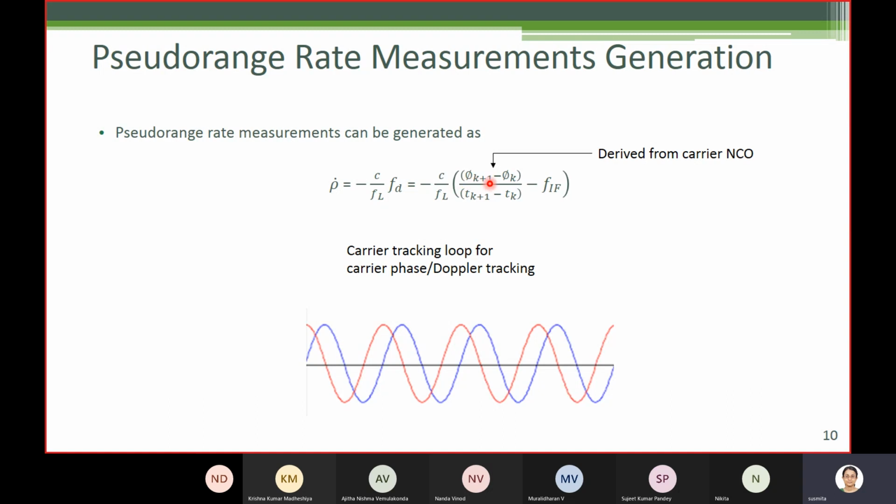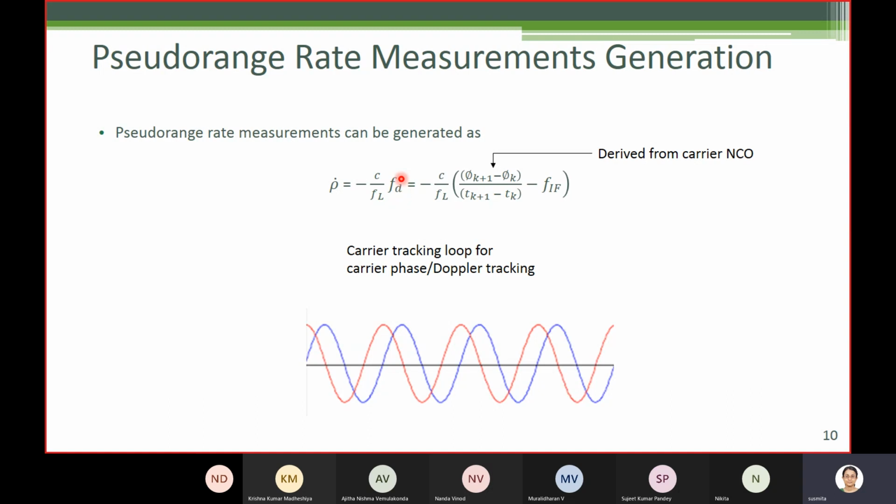So the offset gets cancelled out, and we can find the Doppler. So whether a PLL is locked or an FLL is locked, whether we are doing carrier phase tracking or carrier Doppler tracking, we can always generate the pseudo range rate measurements. But when a PLL is locked, pseudo range rate measurements are more accurate.